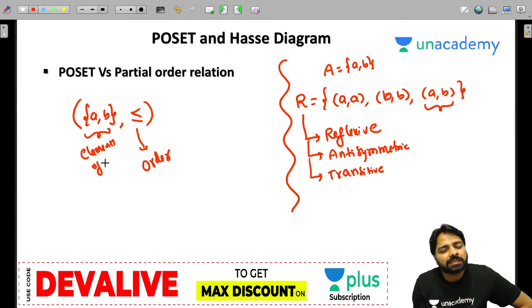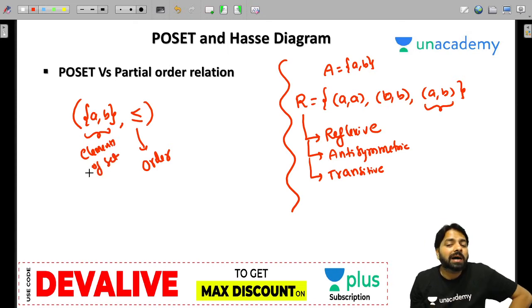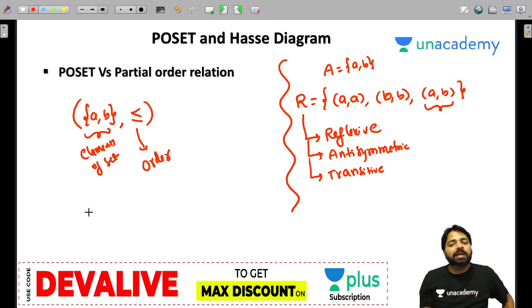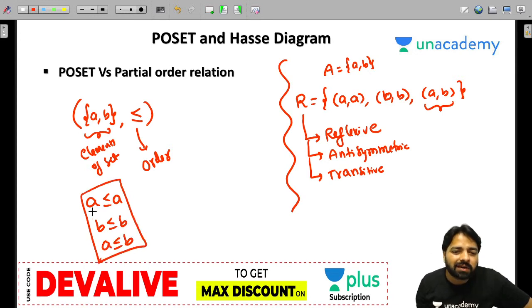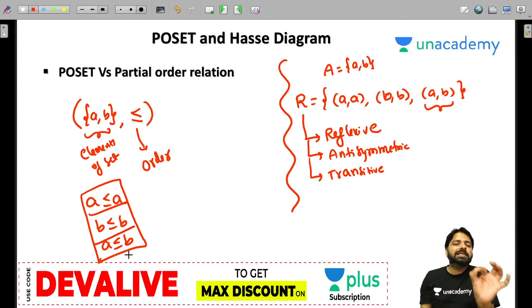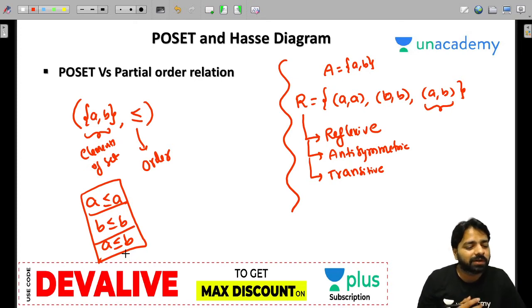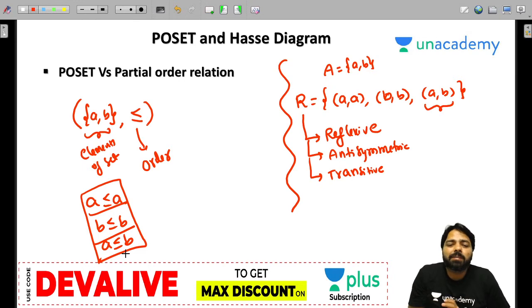Elements of the set are ordered by less than or equal to. That means it covers a ≤ a, b ≤ b, and a ≤ b. All the three relations are covered without writing them, just say the order name. Yes, (b, a) is not there.